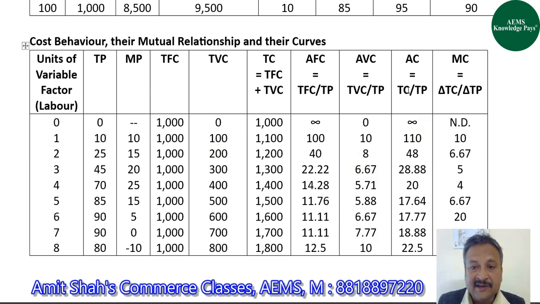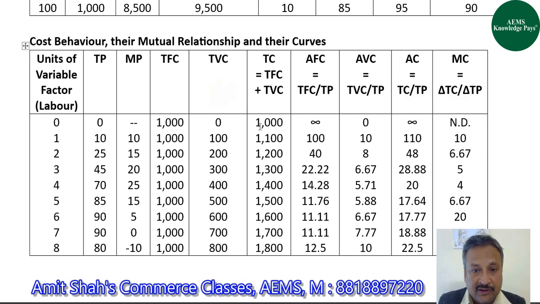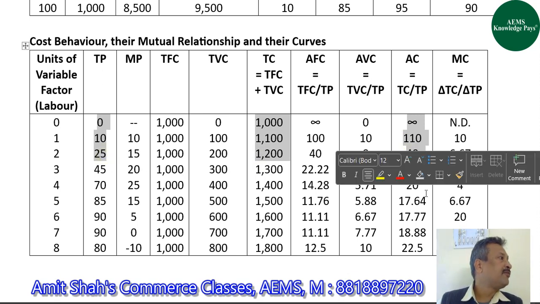AC is calculated as TC divided by TP because it is average cost per unit of output, that is total cost per unit of output. So total cost 1000 divided by TP is infinite. Then 1100 divided by 10 is 110. Then 1200 divided by 25 is 48, and so on.